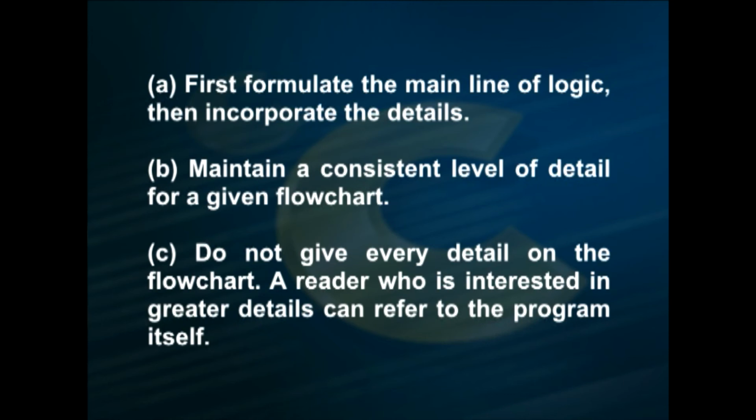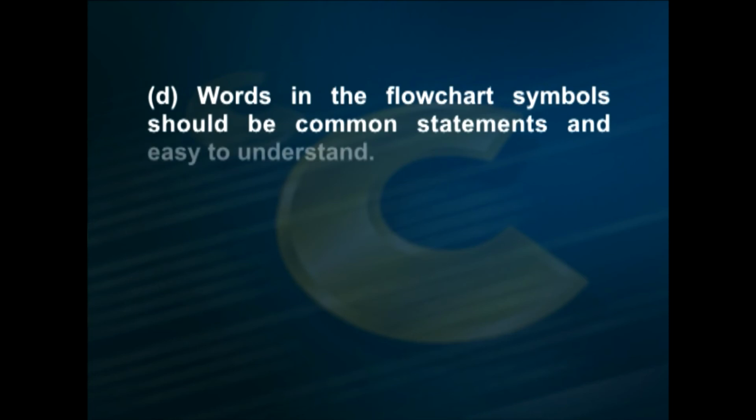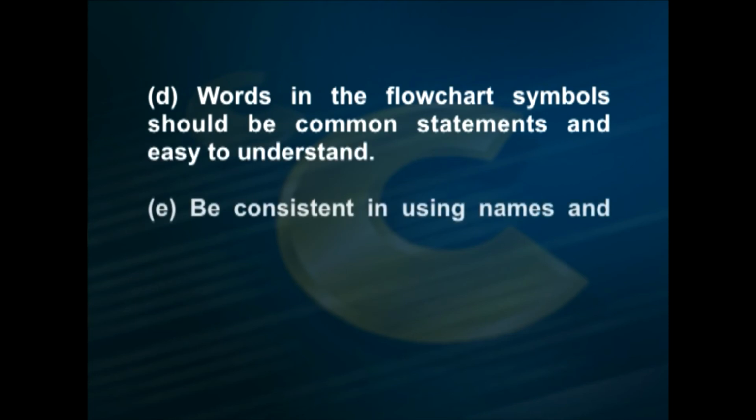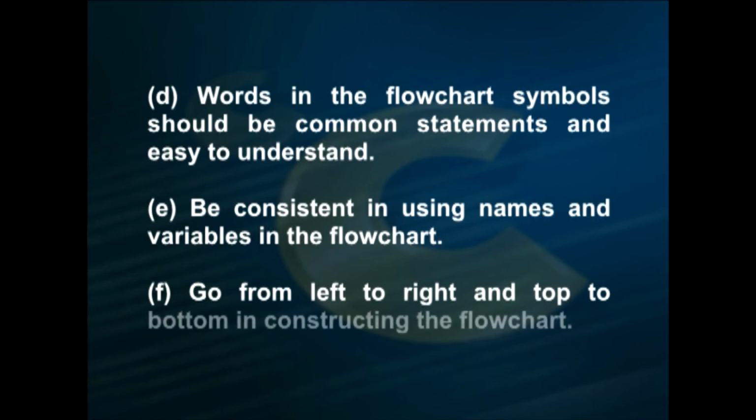A reader who is interested in greater detail can refer to the program itself. Next, words in the flowchart symbol should be common statements and easy to understand. Next, be consistent in using names and variables in the flowchart. The final one, go from left to right and top to bottom in constructing the flowchart.